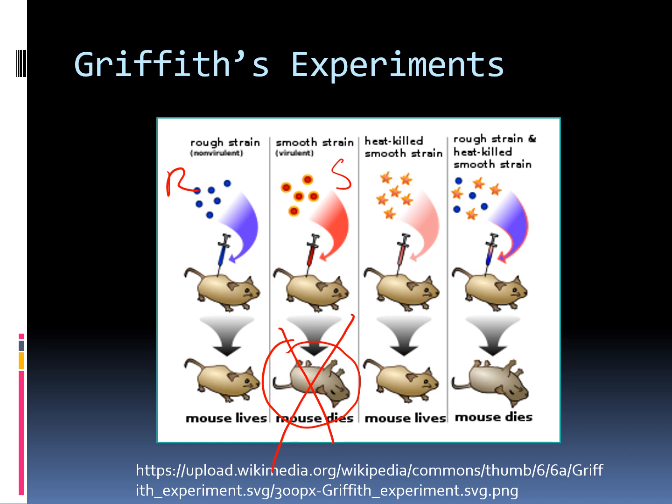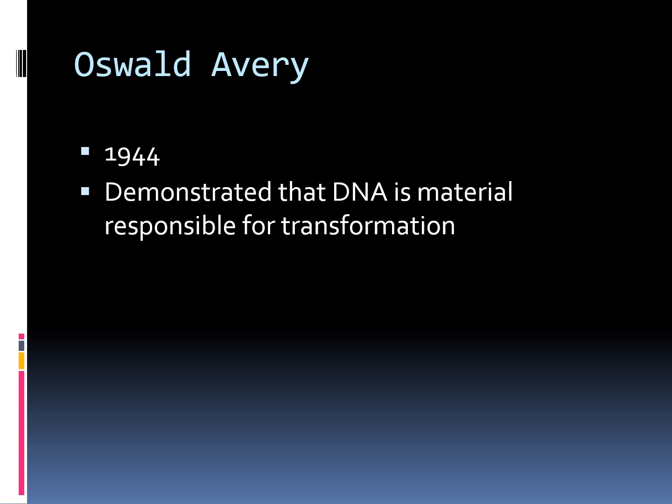If you have the smooth strain and apply heat to that, you're affecting the DNA, and all of a sudden the mouse lives. Then a mixture of both rough and heat-killed smooth: the rough strain and the smooth strain that was affected by heat, the mouse here dies. Oswald Avery, in 1944, demonstrated that DNA is responsible for transformation.